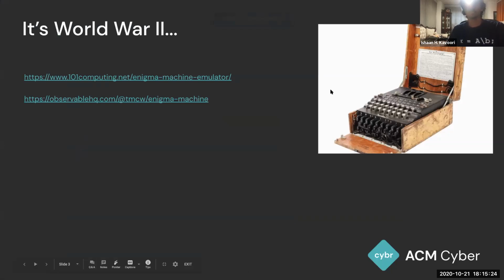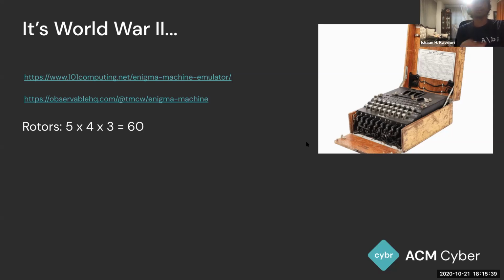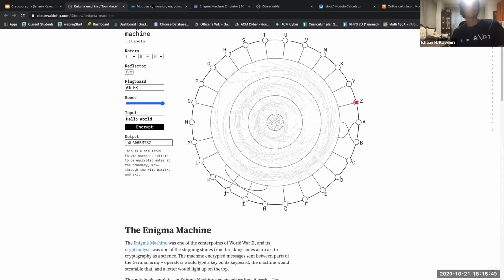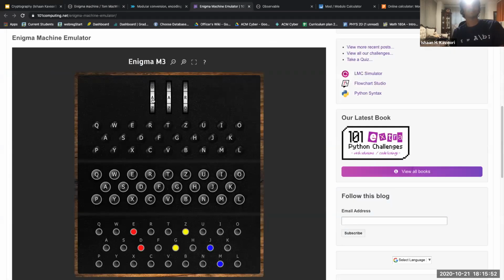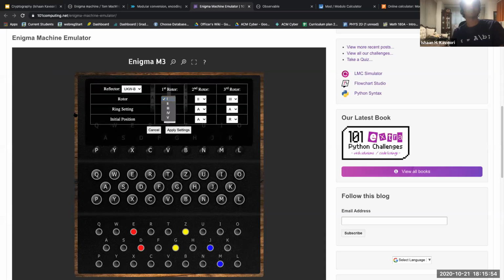Okay, so first let's understand why they thought it was so unbreakable. Since there are different rotor settings and switchboard settings, there are a bunch of different ways to encrypt the same thing. So let's count them. In the first slot, you can choose one of the 5 rotors.